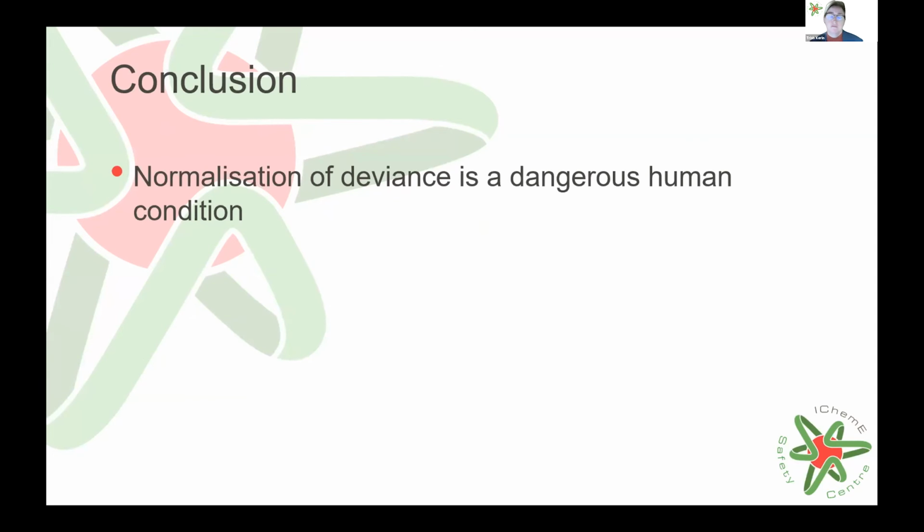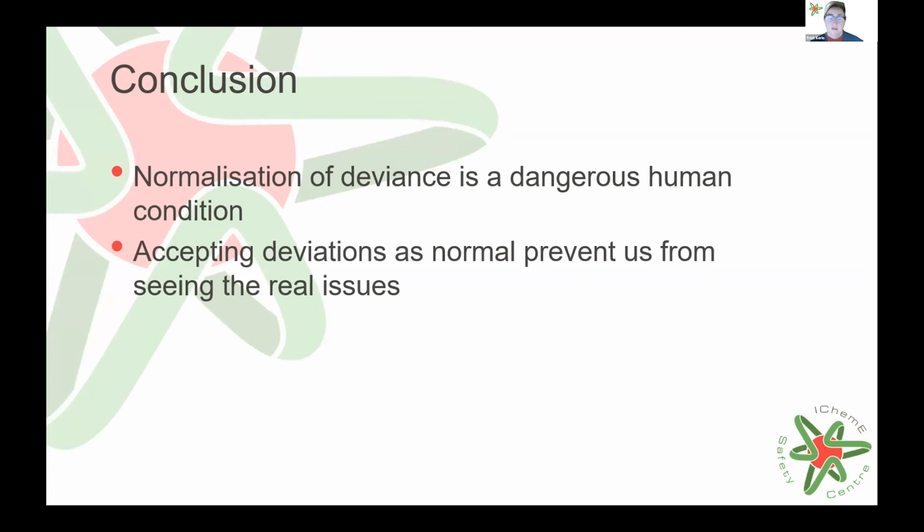You keep doing it just a little bit each time. One day you might not be able to stop in time because you're a little bit over the speed limit. So the problem we've got is when we accept deviations from what we should be doing as normal, it prevents us from seeing the real issues. We lose the weak signals of something almost going wrong, but not quite.